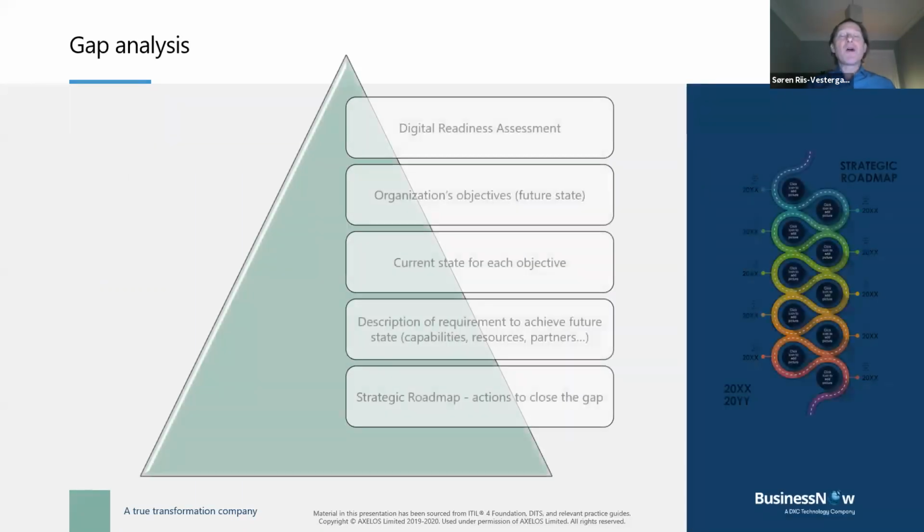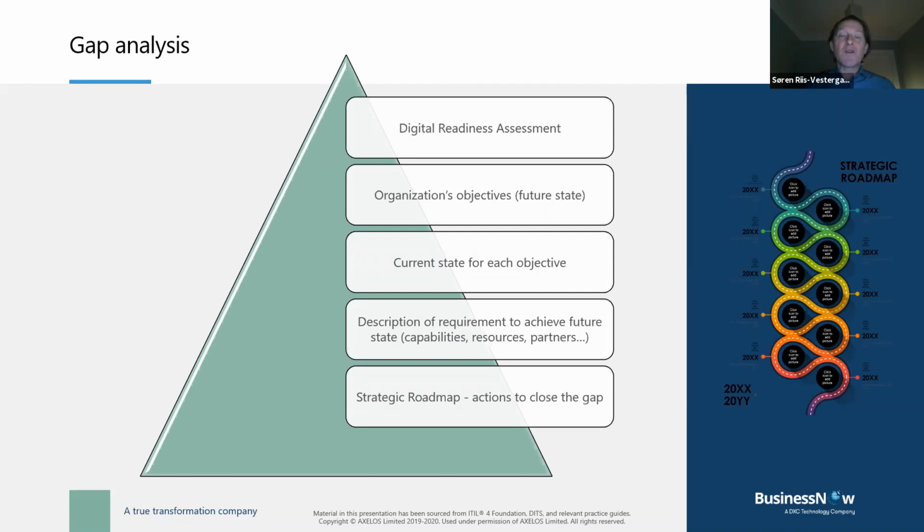And therefore, ITIL recommends that you use the digital readiness assessment to create and conduct a gap analysis where we state what we want to achieve, the objectives for the future, where we are now, what is required to achieve the future state, and on the basis of that, create a strategic roadmap, which is sort of ironically depicted on the right as sort of a long and winding road.